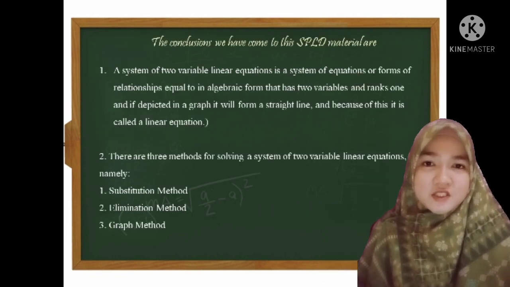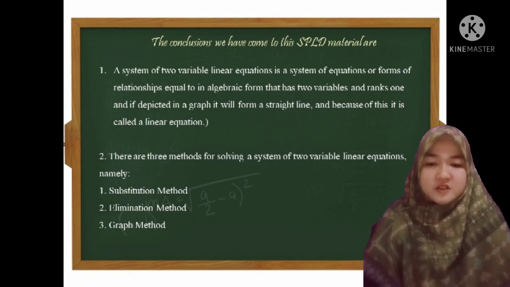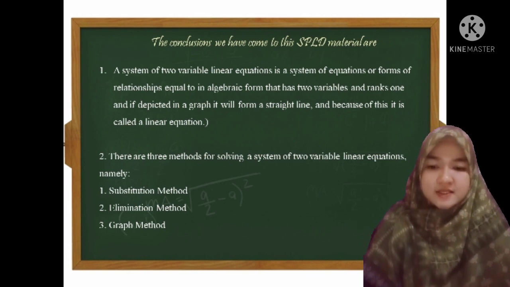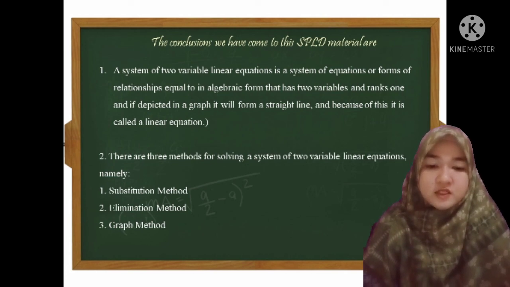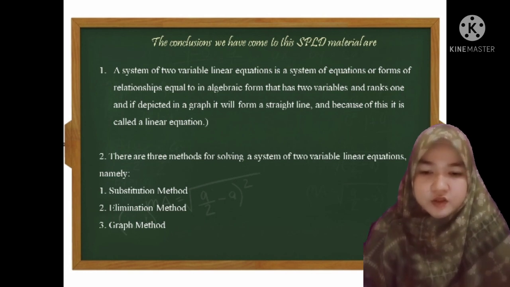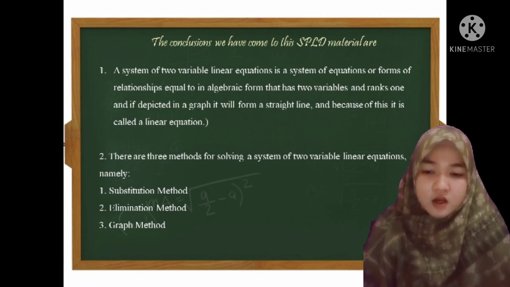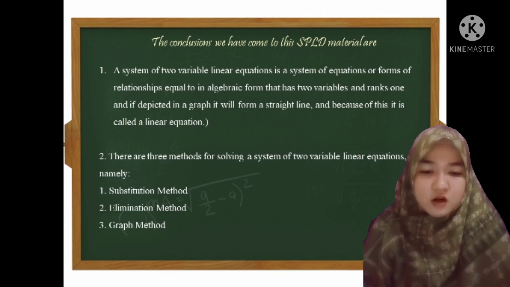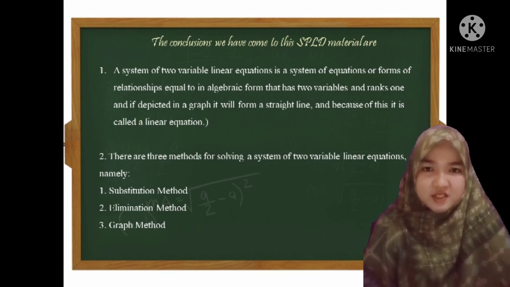The conclusions we have come to on this SPLDV material are: one, a system of two variable linear equations is a system of equations, a relationship of equality in algebraic form, that has two variables of rank 1, and if depicted in a graph it forms a straight line, and because of this it is called a linear equation.